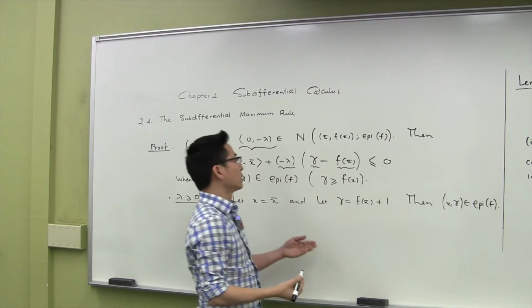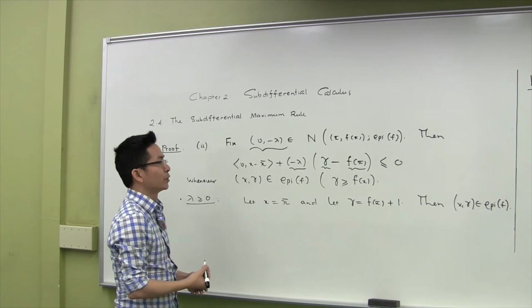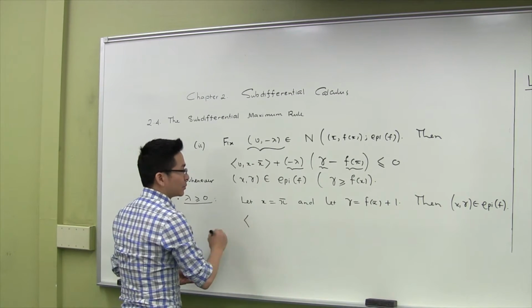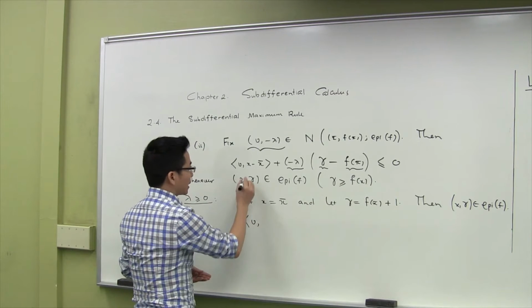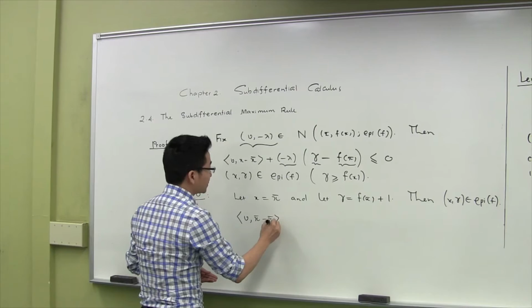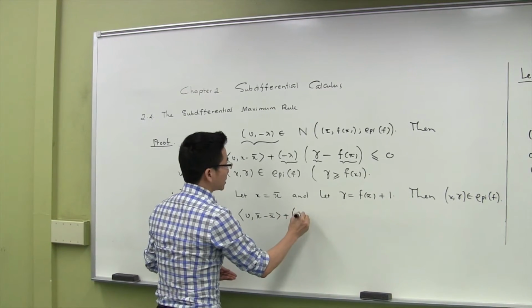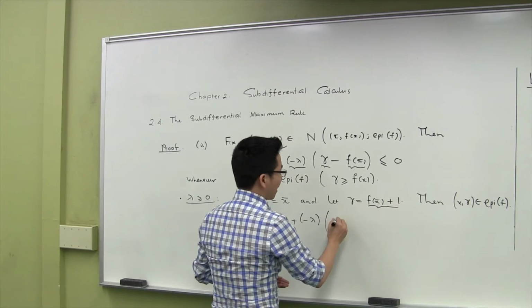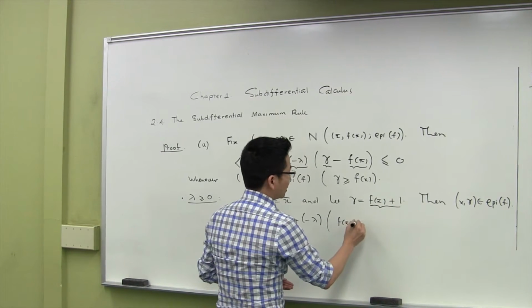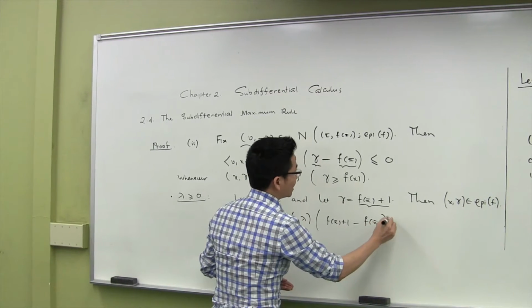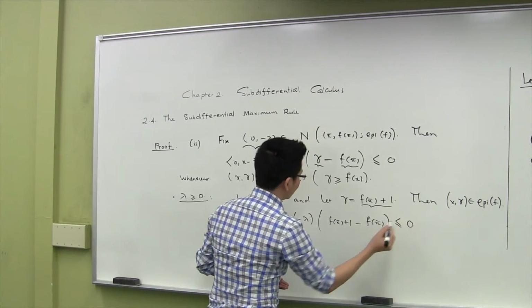And therefore, when we plug in here, we have the following. The inner product of v and x, in this situation x bar, so x bar minus x bar, plus minus lambda times gamma, which over here is f of x bar plus 1, and then we subtract f of x bar, and this is less than or equal to 0.